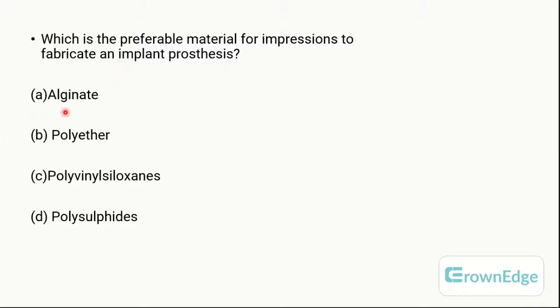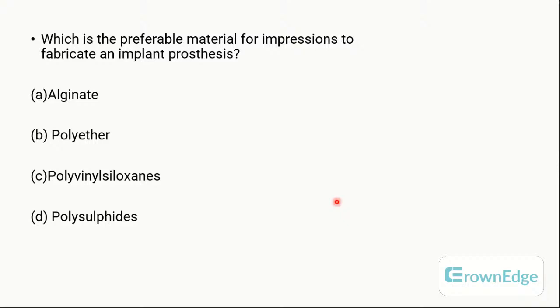Can I rely on my tried and tested alginate? Do I go for polyether? Do I go for polyvinyl siloxanes? Or do I go to my polysulfides for help? Which is the most preferable material? That is the key over here. What would you go for?